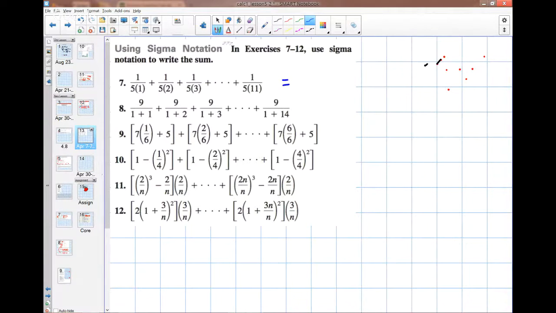So here we go. How could I write this top one in sigma notation? Equals. Okay, so we're going to have a sigma, and we're going to have an I. And you can notice, do you see how this is the same up here? Do you see how 1/5 is in every one of these things to be added up? And then the 5 is multiplied by the index, which starts at 1 and goes up to 11.